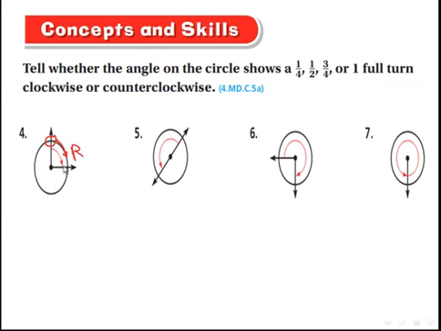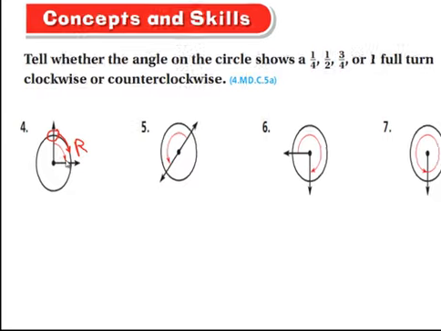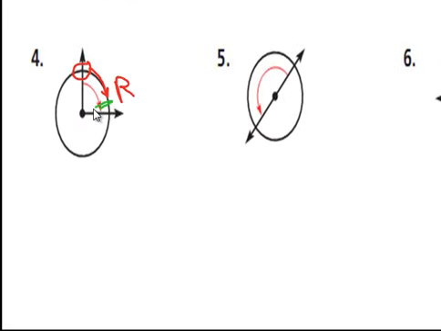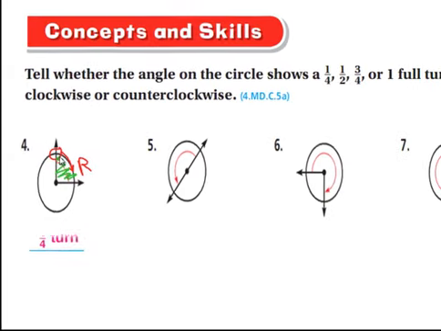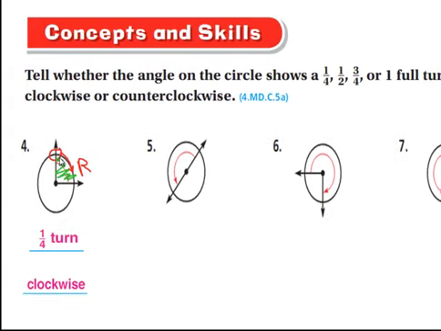Yes, of course, I know the answer now. It's clockwise. Now tell me, what fraction does the part represent? Great job, it's 1/4. 1/4 turn clockwise. Let's see question 5.